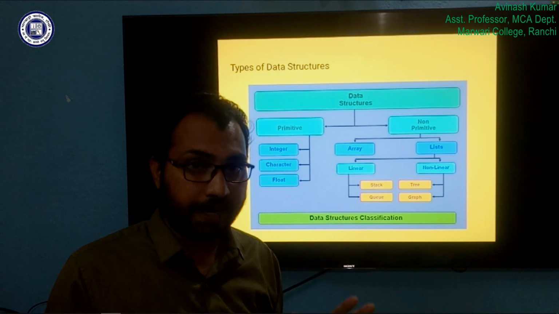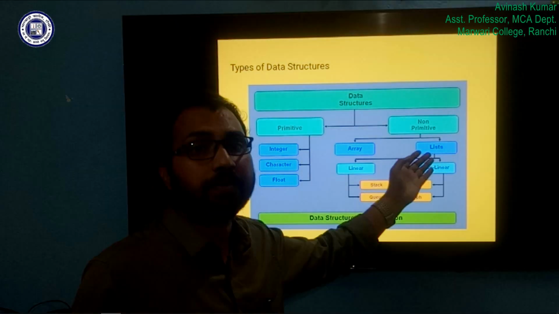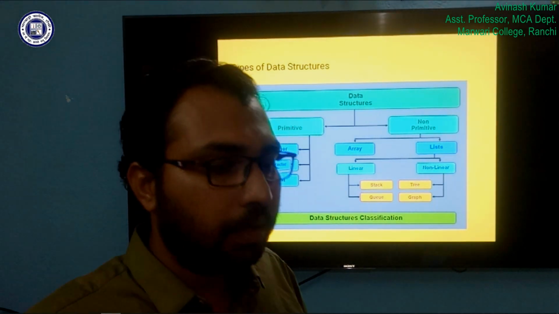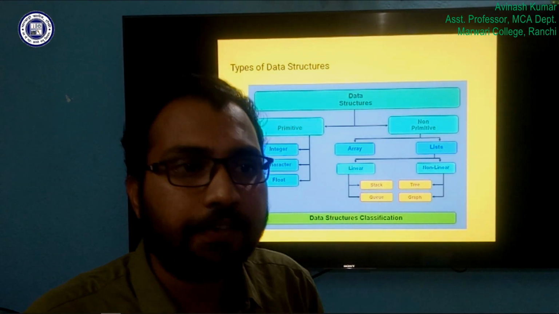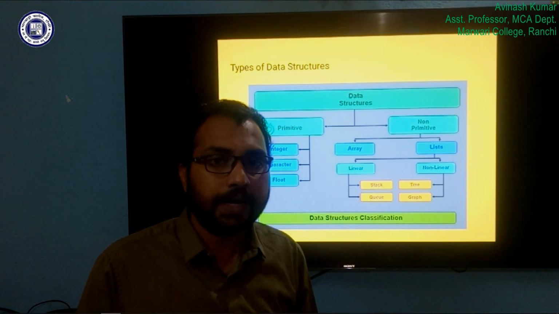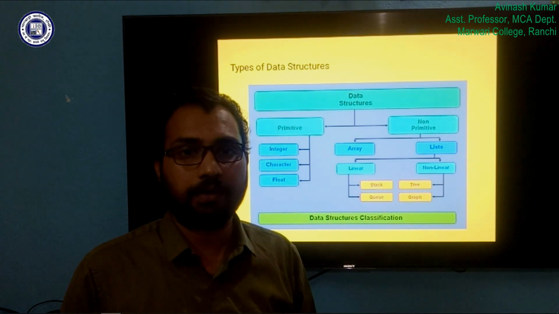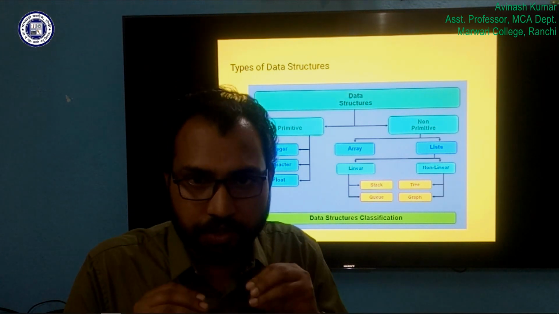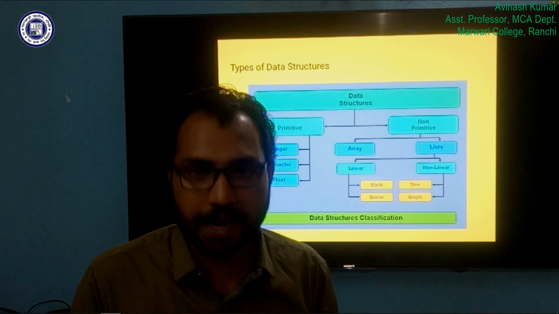Whereas in case of list, that is, in case of dynamic data structure, we need to only define the member, and its memory will be allocated as and when it is required. That is, the program will be in its execution state, and if some other variable comes for storage, memory will first be allocated and then it will be stored.